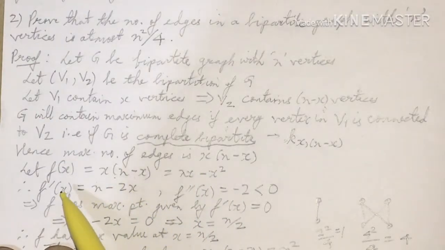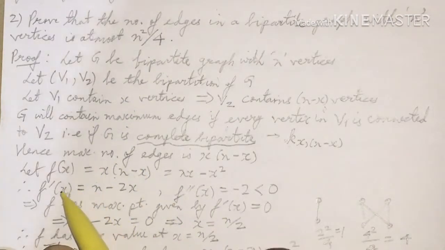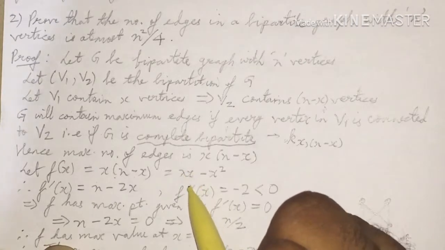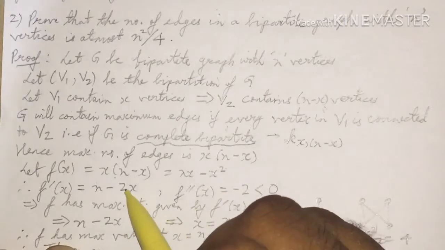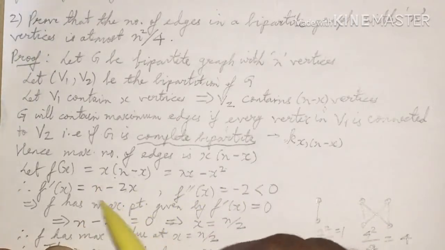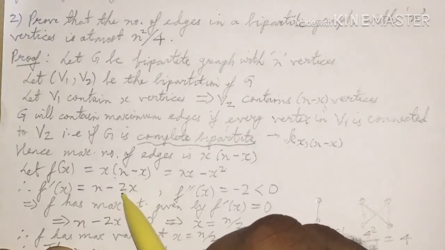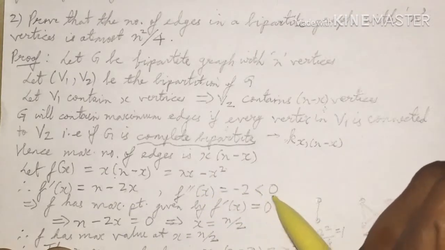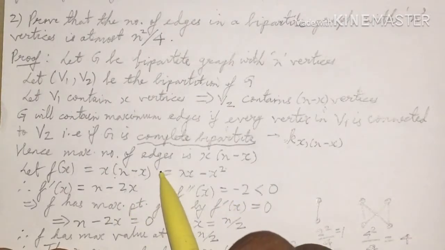For maximization, we take the derivative and we find the double derivative. The derivative of nx minus x square is n, into the derivative of x, which is 1, minus the derivative of x square, which is 2x. Double derivative of this: n is a constant, so it's 0, and the derivative of minus 2x is minus 2, the coefficient of x. Since the double derivative is a negative number, that is, it's less than 0, it has a maxima.